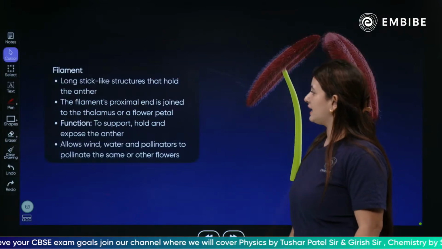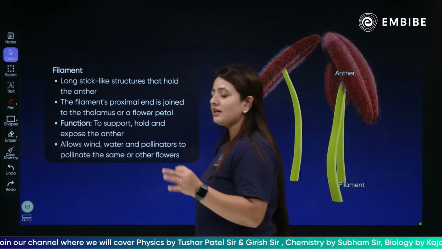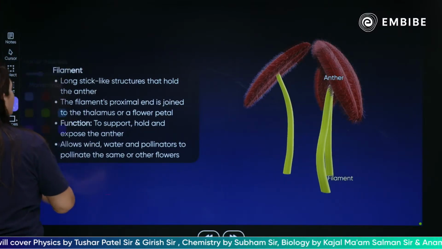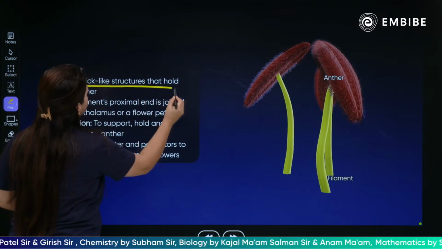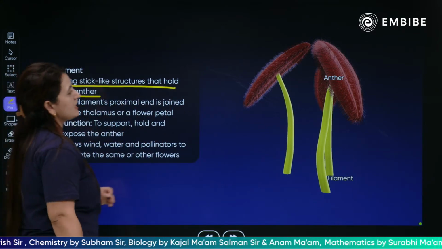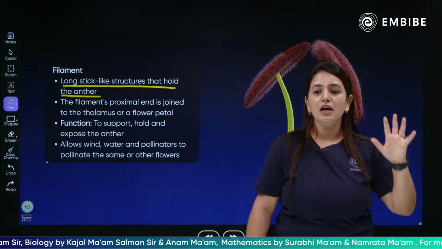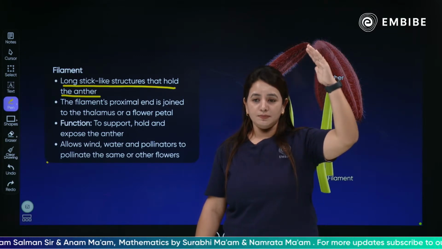Talking in more detail about the filament, what are its characteristics? Children, the filament is a long stick-like structure that holds the anther. As you can see, it is attached at the back of the anther, holding it tall.